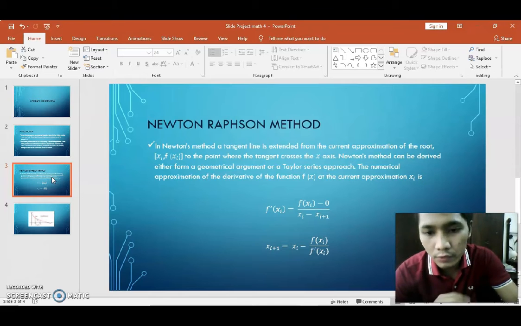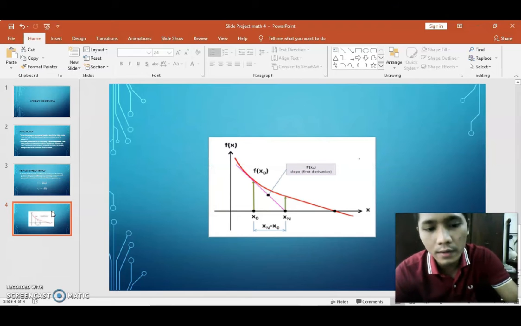So the Newton approximation is xi+1 equal to xi minus f(xi) divided by f'(xi), which is called the Newton-Raphson formula. This is one example of the Newton's method graph used to define the equation of the tangent line. Okay, that's all for me.